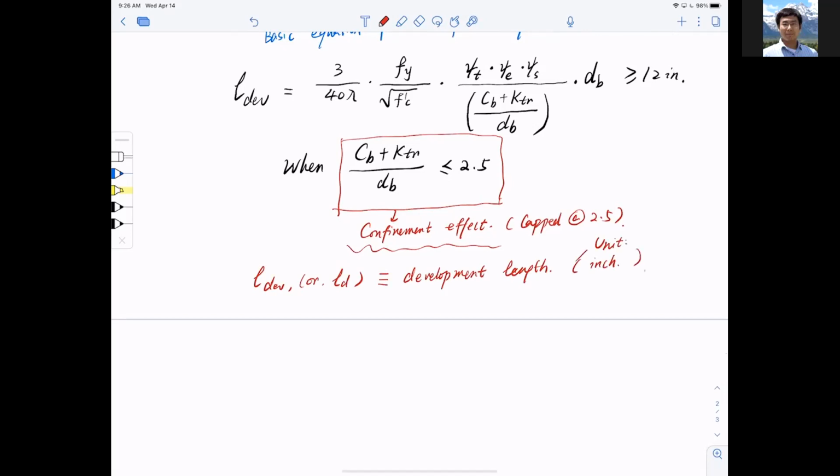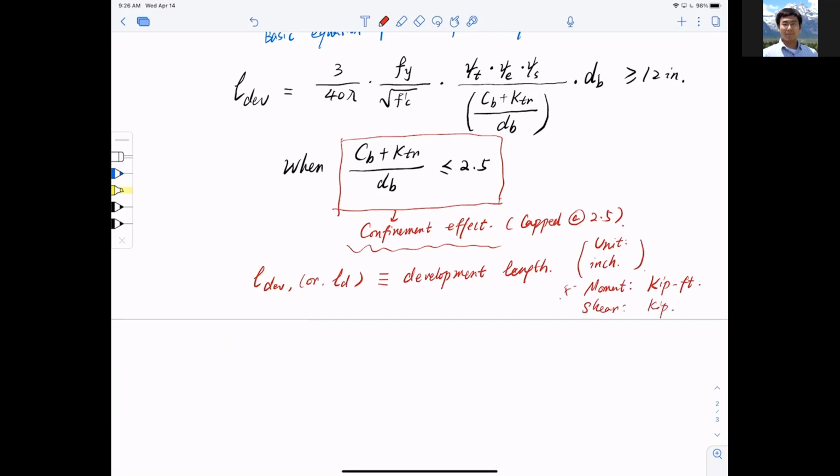Now, I just want to say here, on a side note, that for some reason, when people do their calculations and I grade them, I keep saying that for moment, always use kip-foot, and for shear, always use kip.